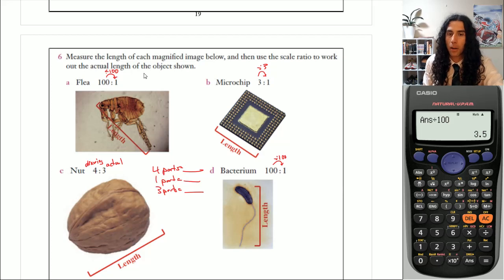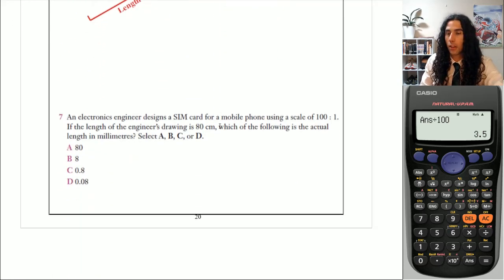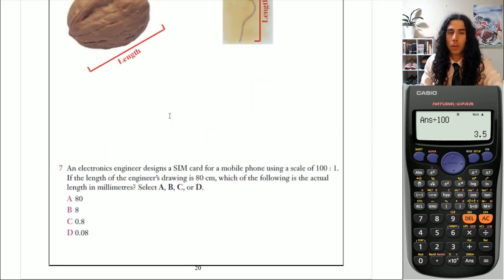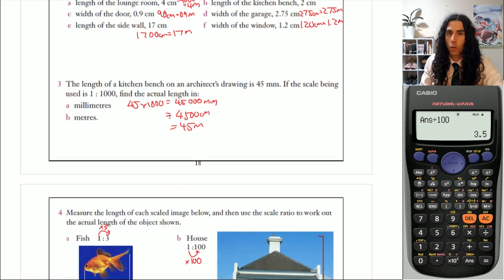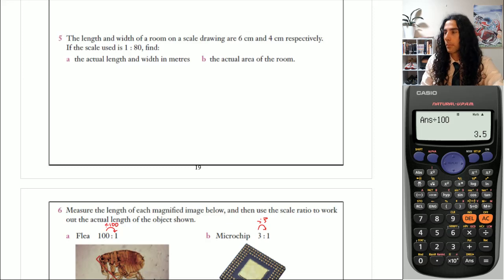So divide by 4, times by 3. Tricky. That's question 6. And then the last one, question 7. Good. One more. All right, I'm going to pause and give you answers for 5, 6, and 7.